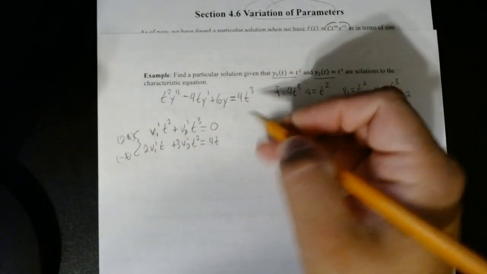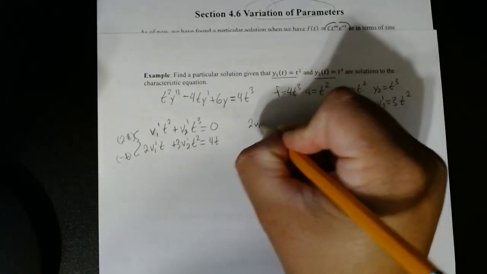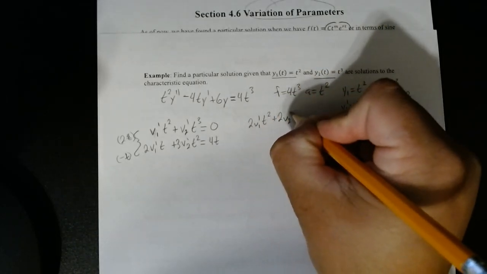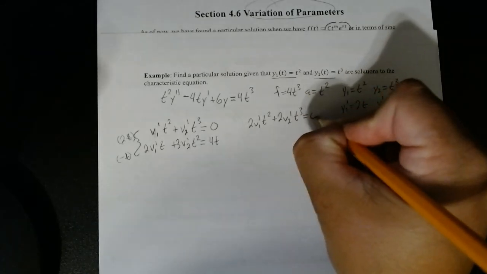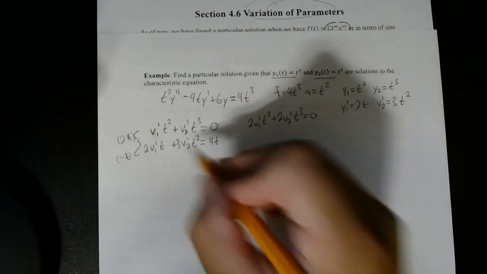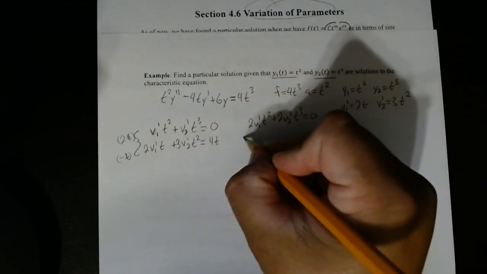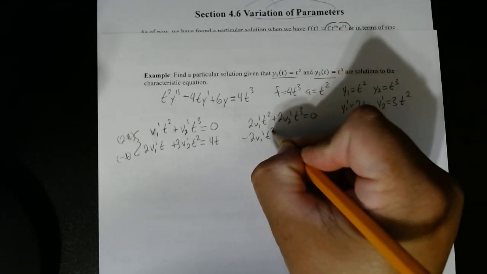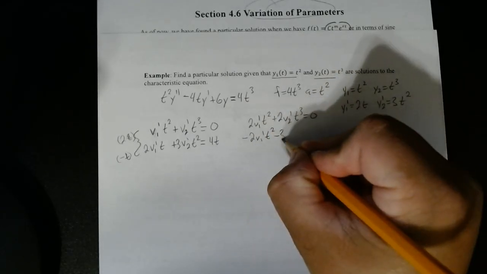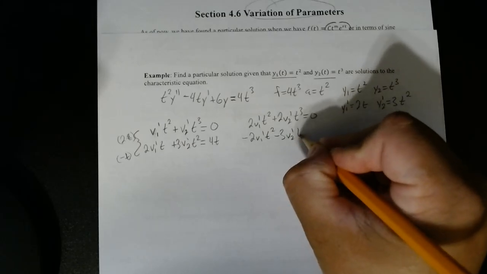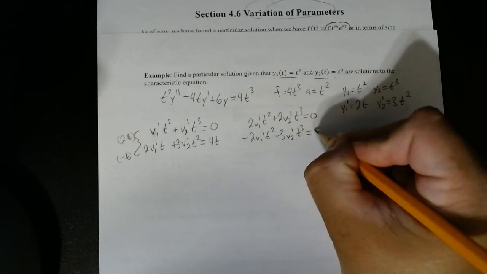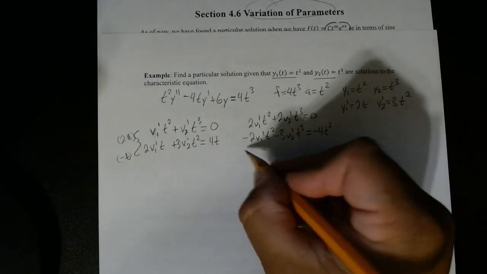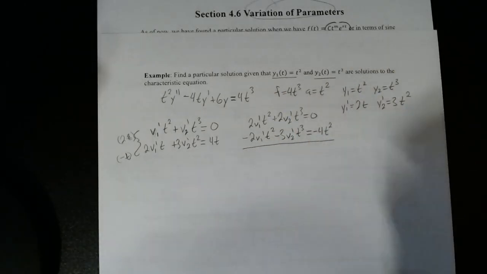So we multiply this by 2, multiply this by -t, and then bring everything down.